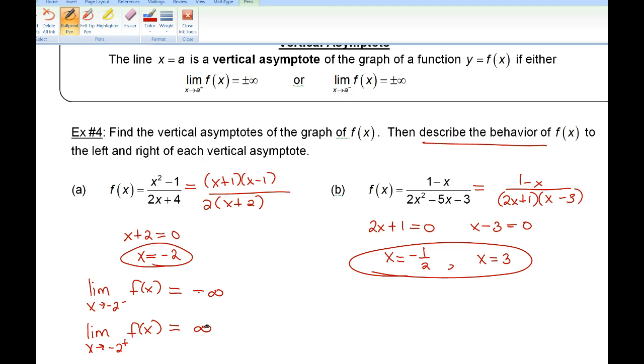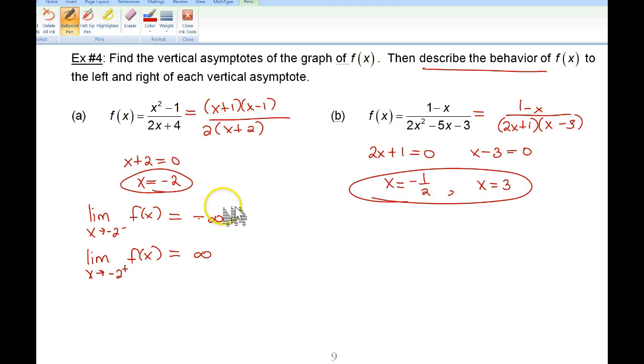This is the behavior of the graph. You would do the same thing for B, but you'd have to look at 4 limits, because you have 2 for each vertical asymptote. We just look at the graph and see which ones approach positive infinity and which negative infinity. Okay with that?